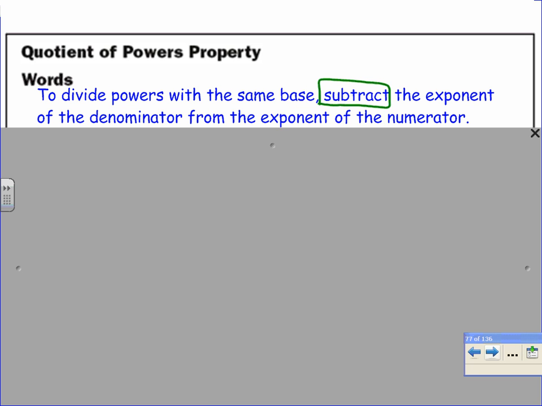So I will show you how and why this one works as well, so you understand the role behind it. So when you're dividing and it's the same base, you subtract exponents.